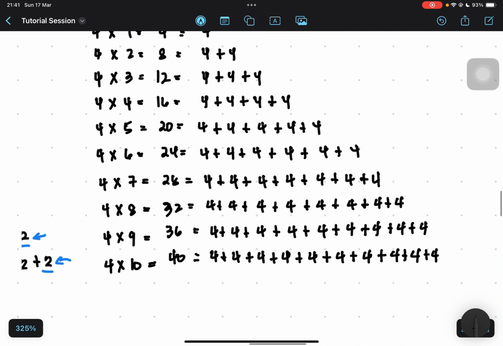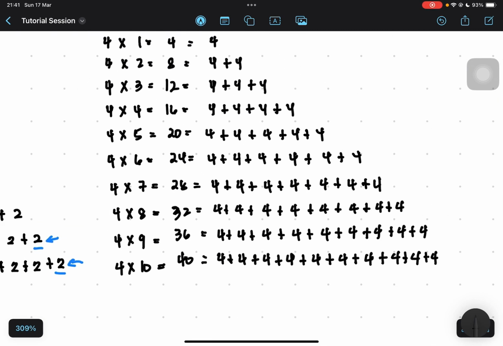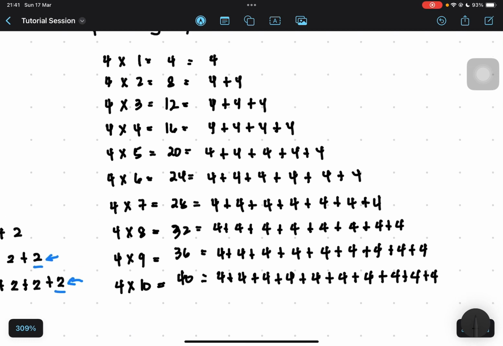So as you can see, the pattern continues. The pattern is the same, but it adds another number to make another value.